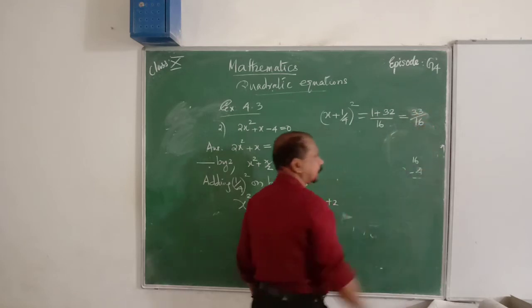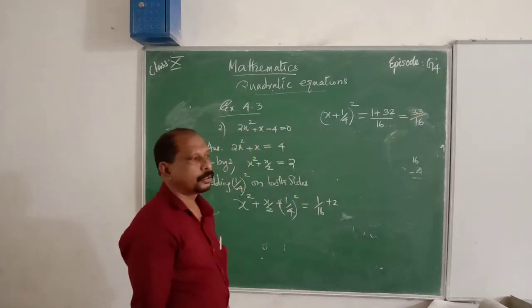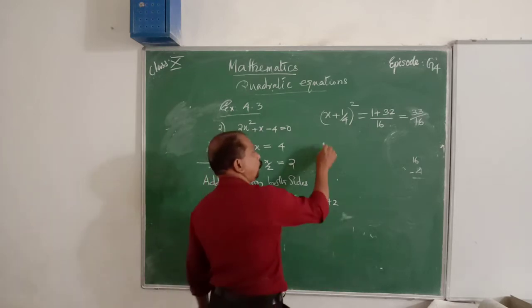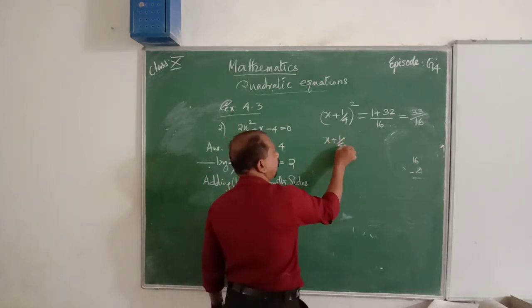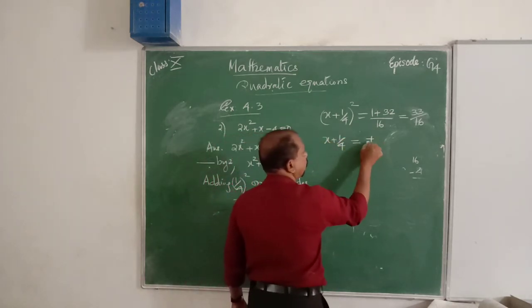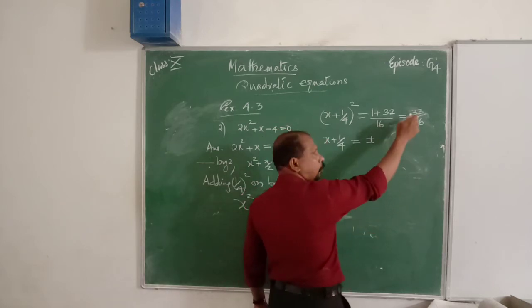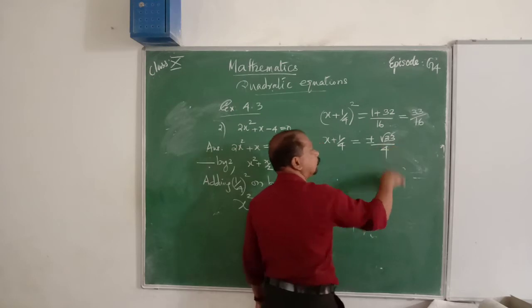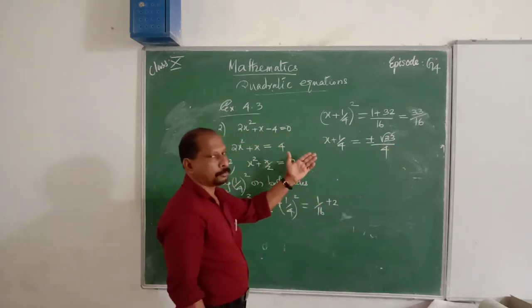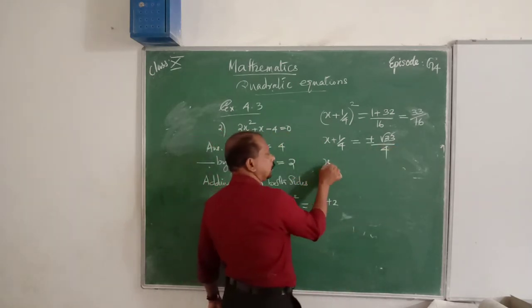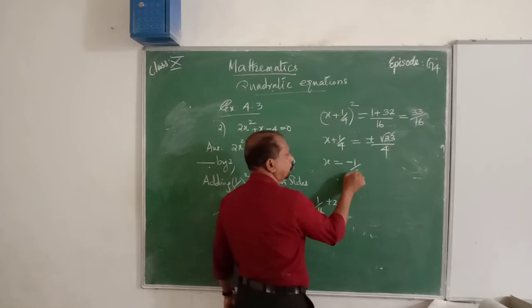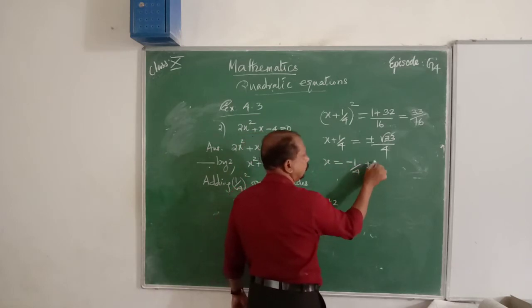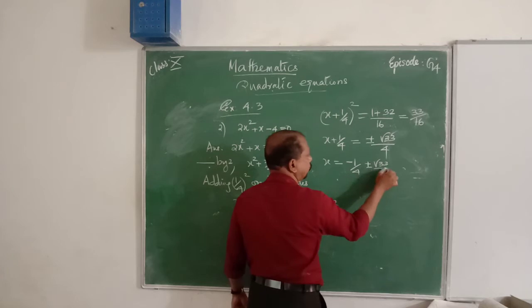33 is not a perfect square. Therefore, x plus 1 by 4 is equal to plus or minus root of 33 by the square root of 16, which is 4. Shifting 1 by 4 to the right, x is equal to minus 1 by 4 plus or minus root of 33 by 4.